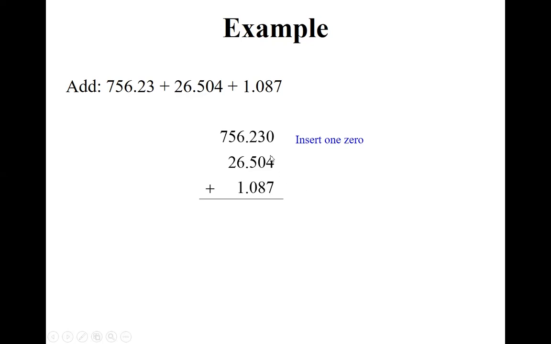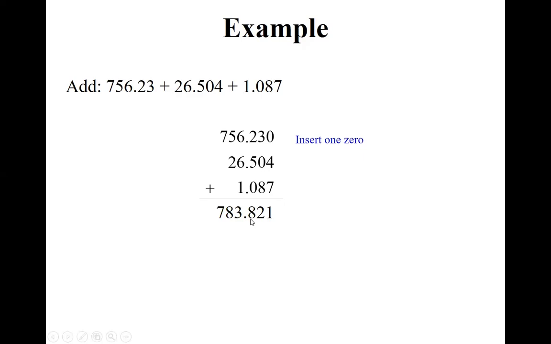We're able to add. 0 plus 4 is 4, plus 7 is 11. Put down the 1, carry the 1. 1 plus 3 is 4, plus 8 is 12. Put down the 2, carry the 1. 1 plus 2 is 3, plus 5 is 8.